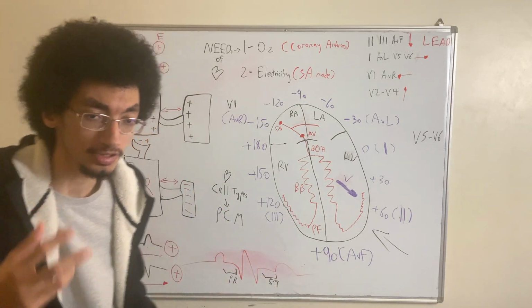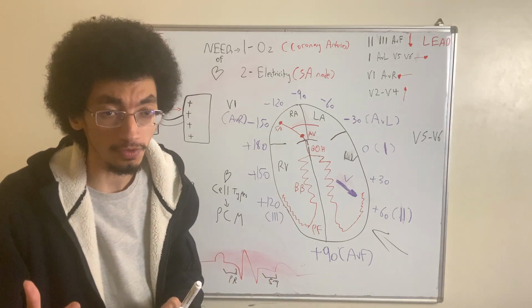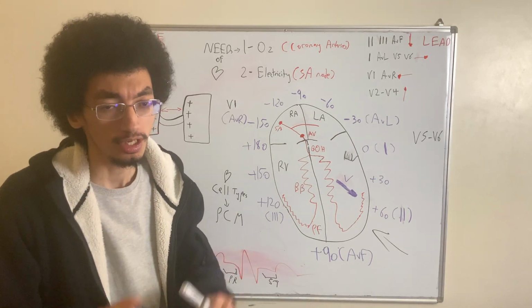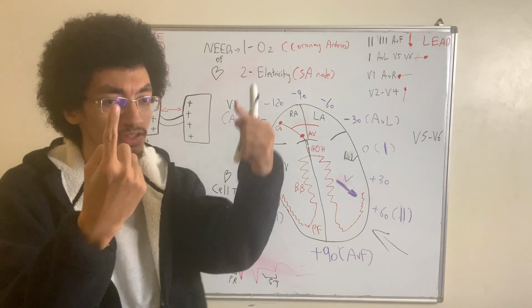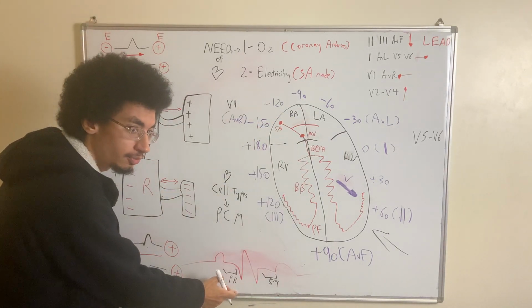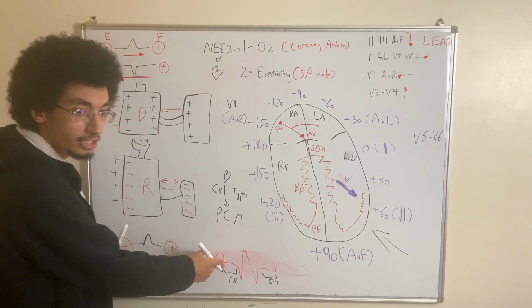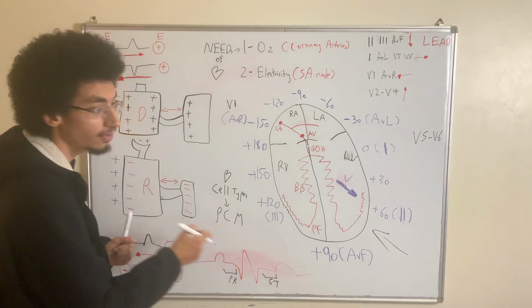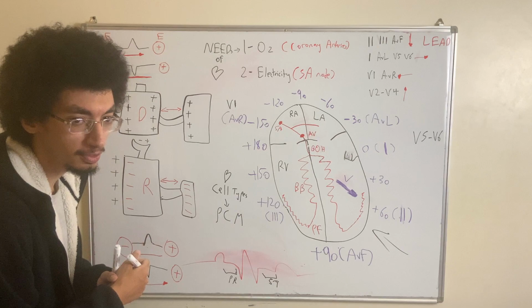What is the difference between a segment and an interval? The only difference is one is longer in distance than the other. When we say PR segment, we mean from the end of atrial depolarization to the beginning of ventricular depolarization.